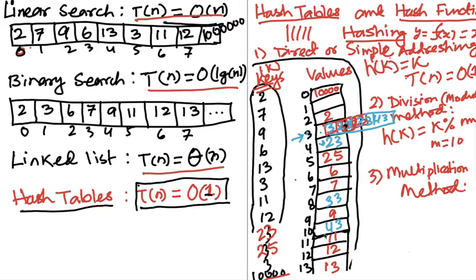And for 43 the probe is 1, then 2, 3, 4, 5, 6, 7, 8 and so on. These values are called probe values. So in order to find the nearest empty position, we use another function to find that position. That is the concept of using probing.